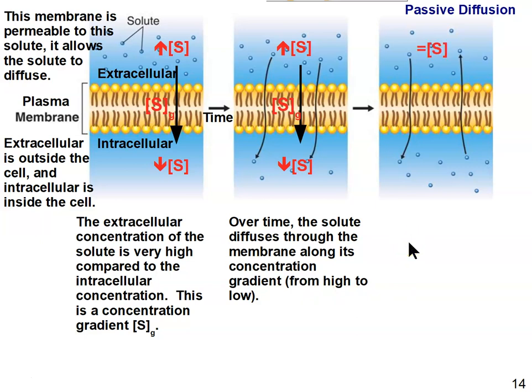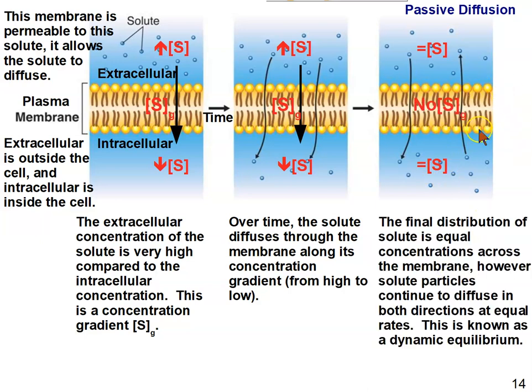Eventually, the concentration of solute outside is going to be equal to the concentration of solute inside. And of course, we call that equilibrium. So eventually, the solute concentrations equal out across the membrane, and at that point, we have reached equilibrium. There's no solute concentration gradient at this point.